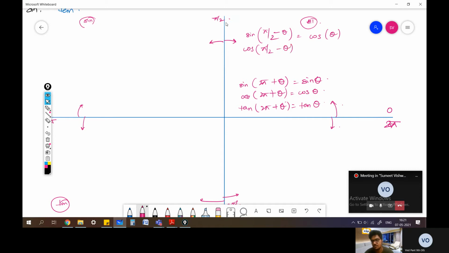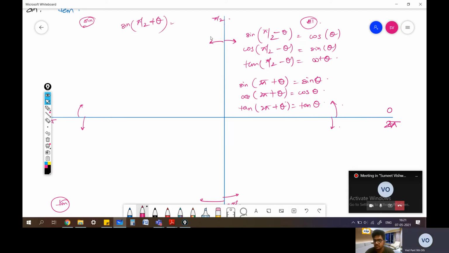Because I'm jumping from this, so the angle will be less than 90. Tan of pi by 2 minus theta will be cot theta. And now from here to here, I'm jumping from pi by 2 ahead, so I'll write pi by 2 plus theta, and only sine will remain positive.